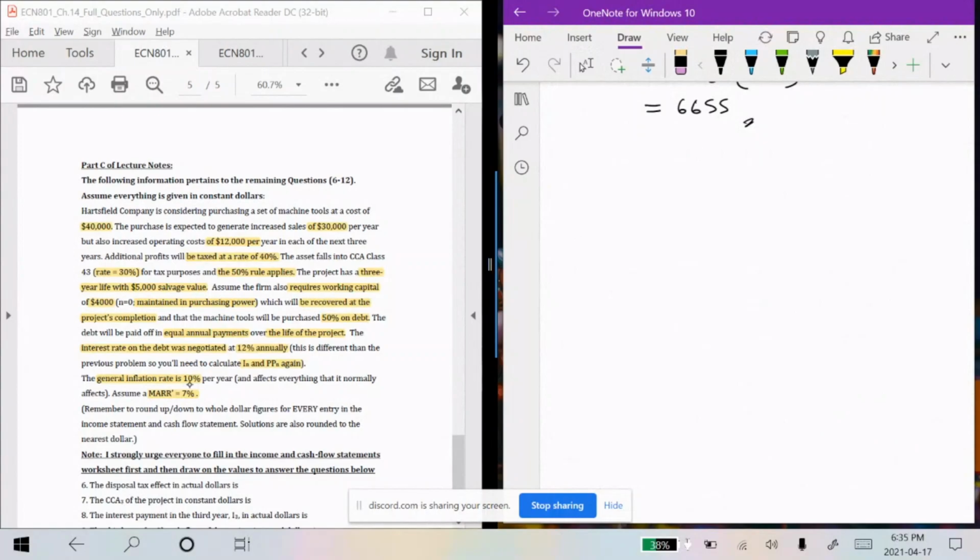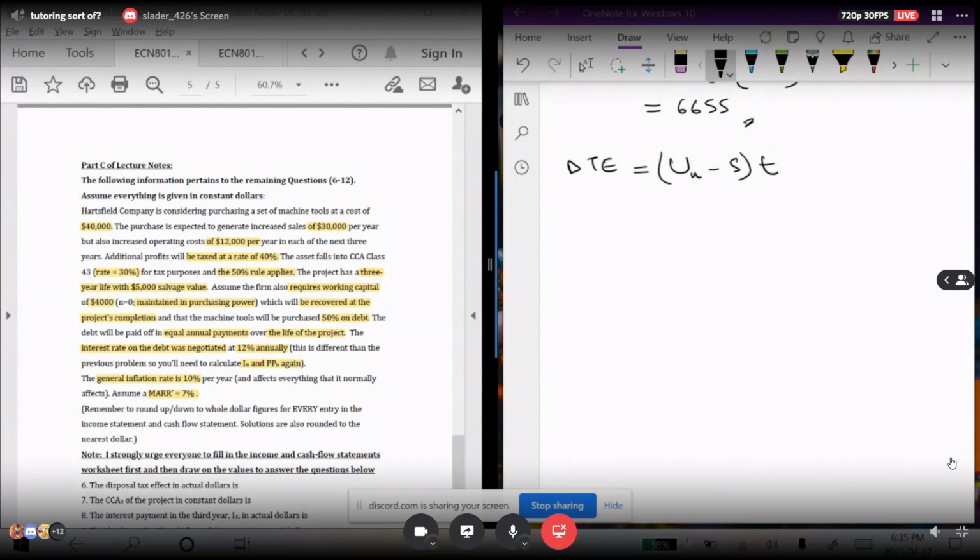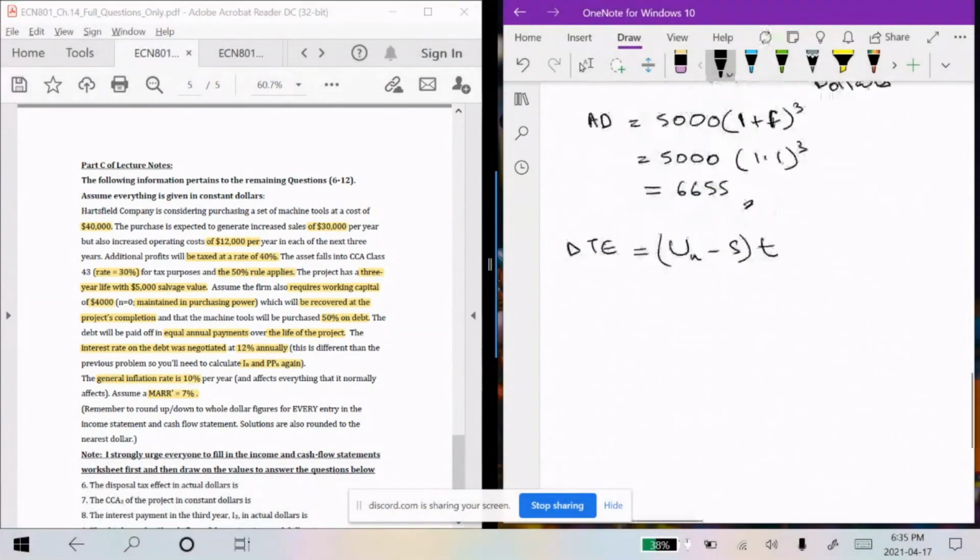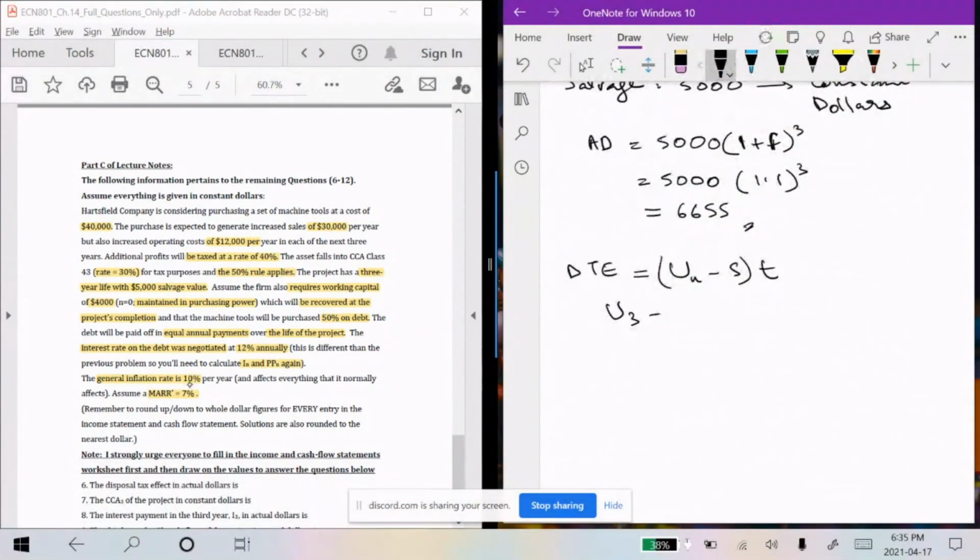All right. So, like we said earlier in Chapter 8, to calculate the disposal tax effect, we need the U final, minus the S, times the tax rate. And now, in this case, we need to calculate U final, which was U3. Find U3. We know that the initial investment was 40,000.